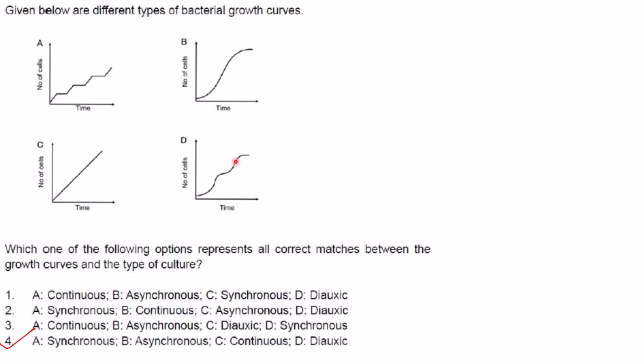Then there is the exponential phase where it is utilizing lactose and beginning to grow again, and finally the stationary phase. So that is seen in the case of diauxic growth. So A is synchronous, B is asynchronous, C is continuous, and D is diauxic growth.